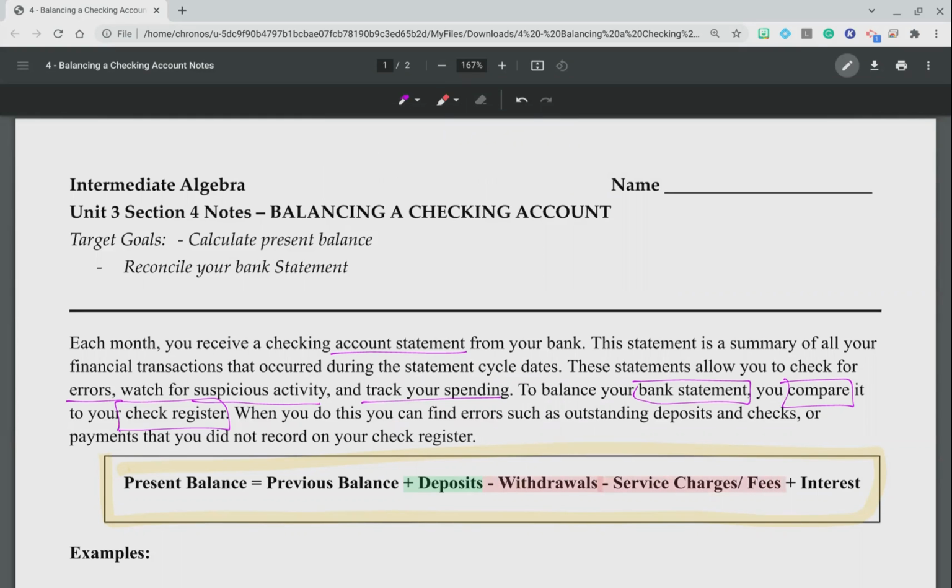Subtract any service fees. And then when you keep money in a bank, you get what's called interest. For letting the bank store your money, they'll give you a percentage reward that's added to your account each month. It's usually not very much, but you get it nonetheless.